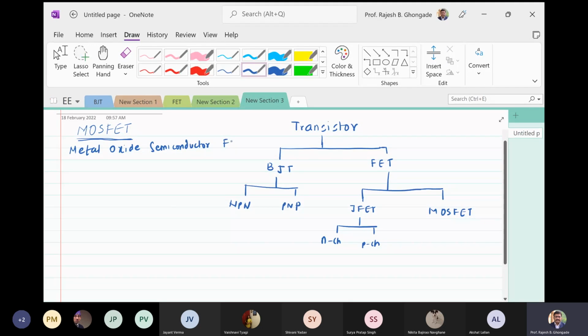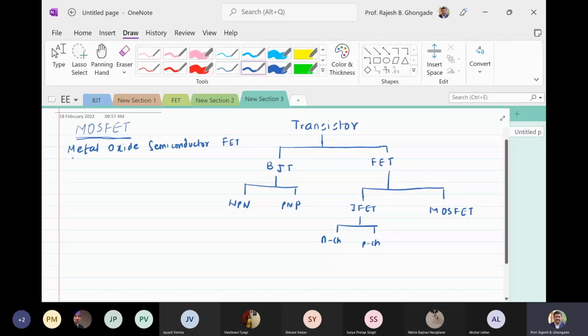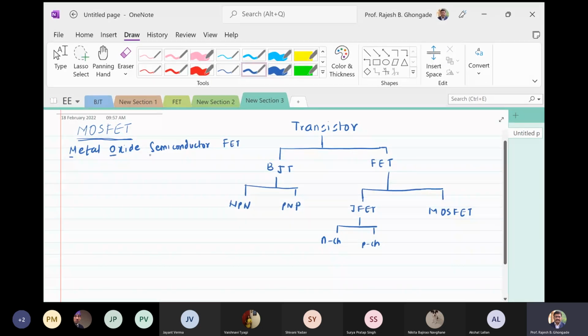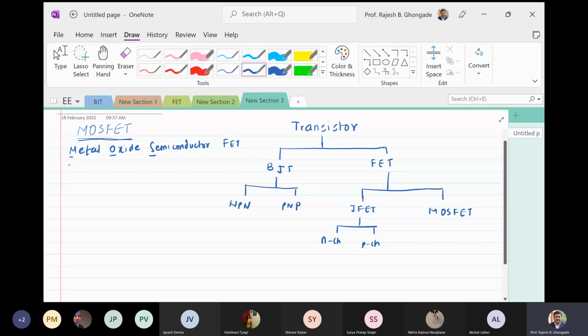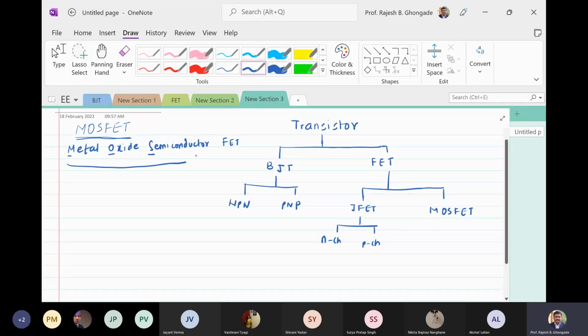So it is again belonging to the class of field effect device, but it is metal oxide semiconductor. This is basically the structure which is making it different than the FET, the JFET that we have already seen. Okay. Now, if you remember, in junction field effect transistors, we had physical junctions, P and N junctions between the channel and the gate. Okay. That junction is not existing in this MOSFET device.